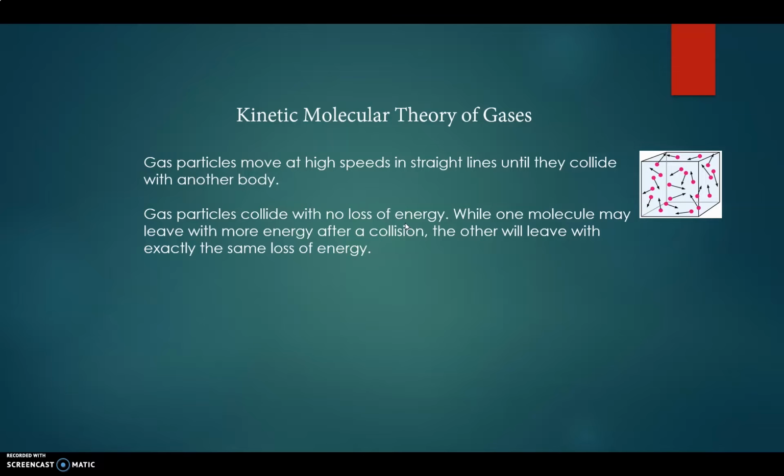For example, if we had two molecules of oxygen, each moving 1,000 miles an hour, when they collided with each other, one of the molecules could bounce off moving faster, and one could bounce off moving slower, but in the end, the total amount of energy would be the same. One molecule might leave now at 1,500 miles an hour, and the other would leave at 500 miles an hour, but the total amount of energy would remain constant.